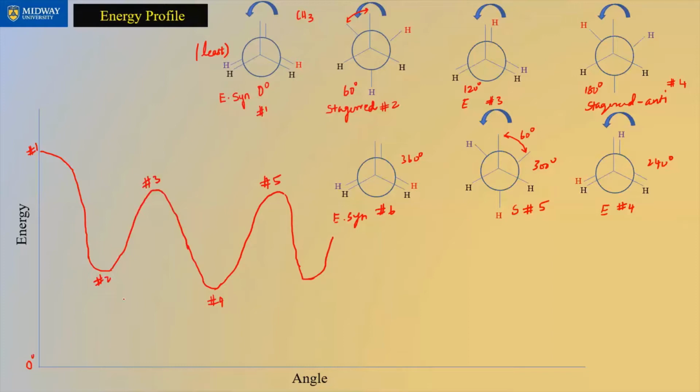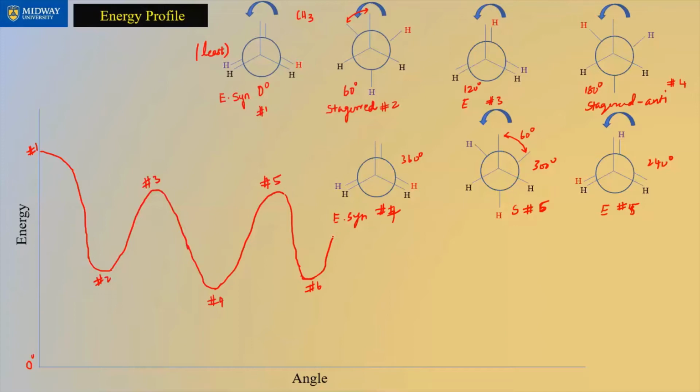So 1, 2, 3, 4. Oh, I wrote this as 5, sorry. It should be 5. That's why I was wondering, the numbers don't tally. Number 7. So this is number 6, because the interactions are the same, it should be at the same level as number 2, right? Number 2 and 6 should be at the same level because they have the same gauche interactions. And then number 7 is the same as eclipsed syn.